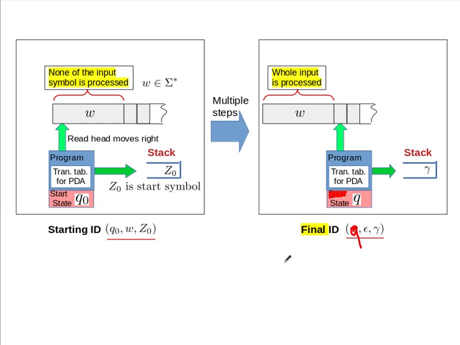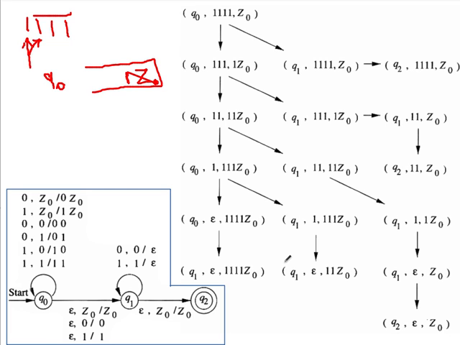Now at this point you have to decide whether you accept this string or you reject this string, right? For finite automata it was fine. If you can reach a final state, you can reach multiple states. We saw that here also.